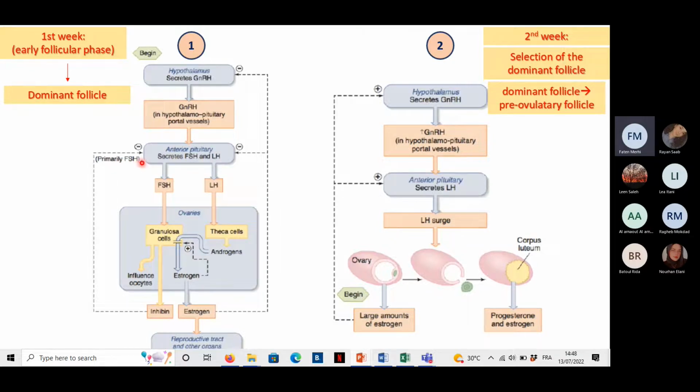So we will have a drop due to the estrogen secretion and the inhibin secretion by the granulosa cells. We will have a negative feedback on the FSH production by the anterior pituitary gland.